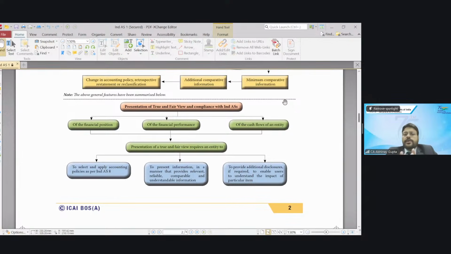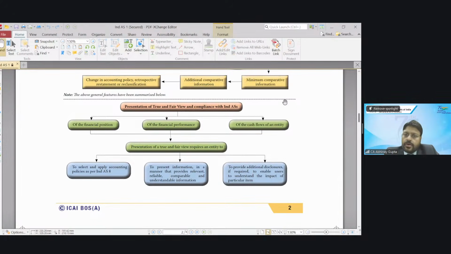Now, if you are changing any accounting policy, then what will it result into? Whenever we change any accounting policy in any of the years, then it results into retrospective restatement or reclassification as per the requirements of Ind AS 8. So Ind AS 8 has clearly stipulated the requirement that if you change any of your accounting policy ever, then you have to give effect retrospectively, right?